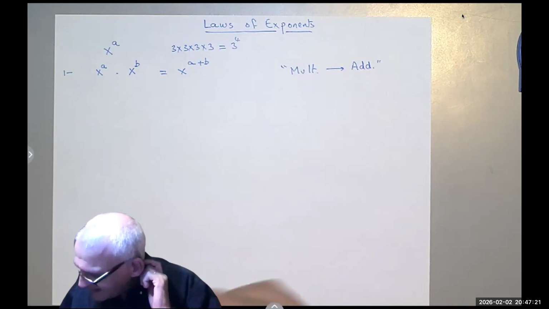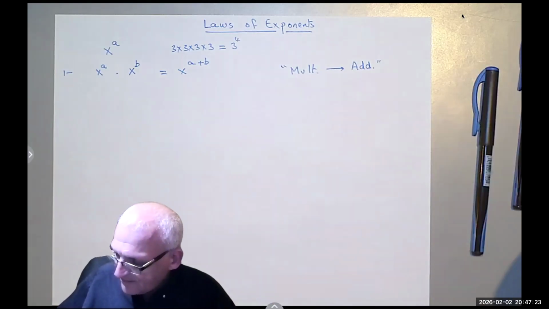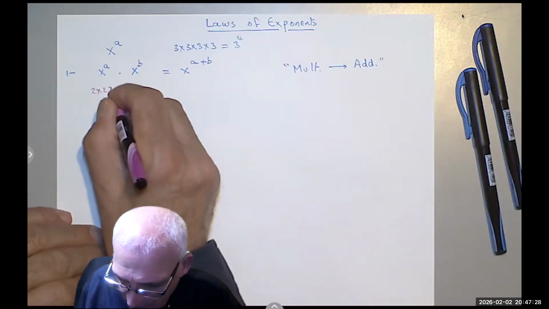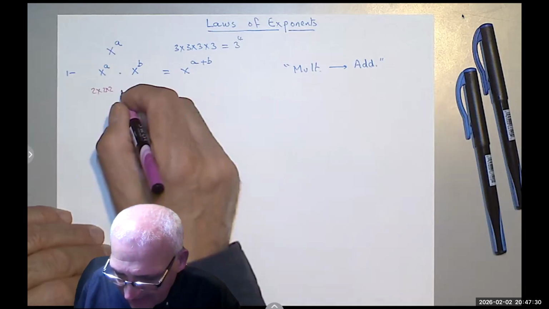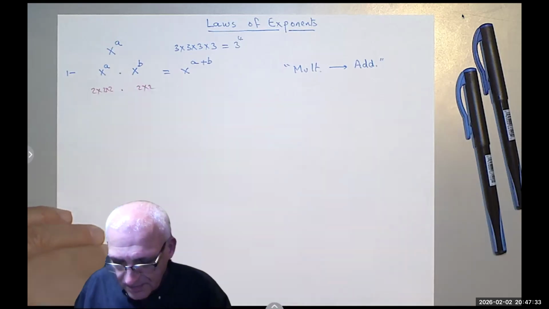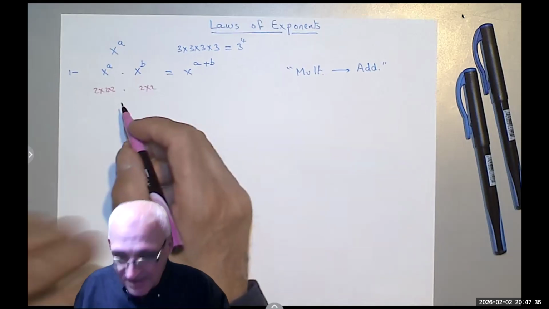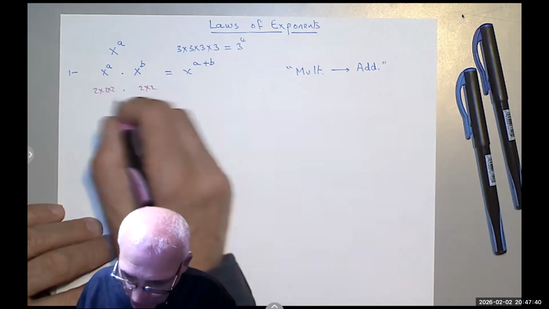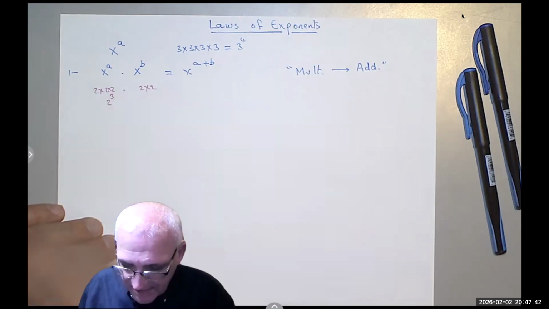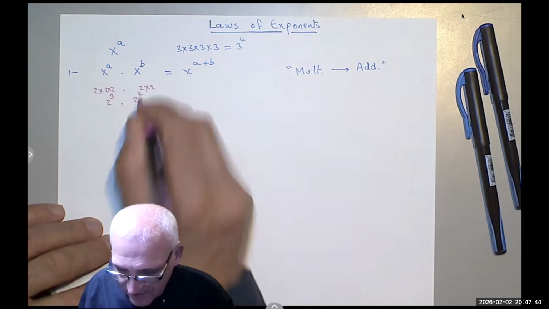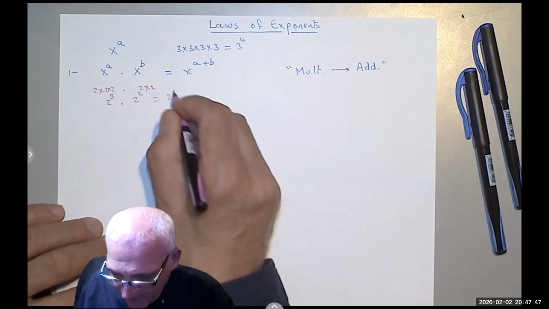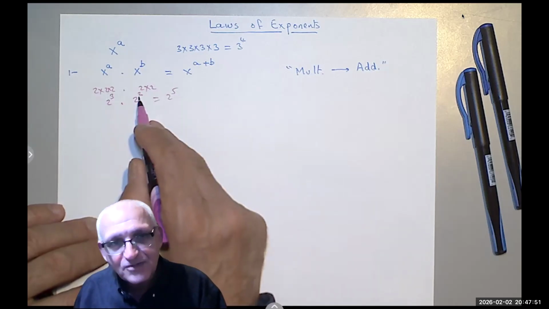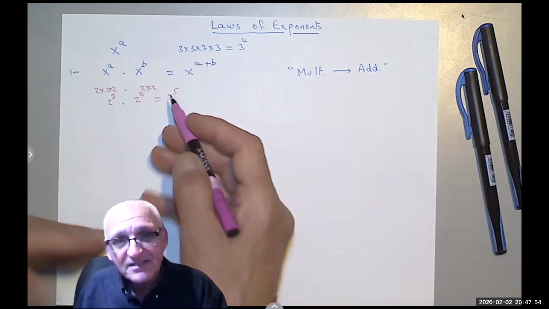That's easy. Nice. An example: I have 2 times 2 times 2, and I multiply that by 2 times 2. Of course, this is the same as saying I multiply 2 by itself 5 times. 2 to the third times 2 to the second is 2 to the fifth. I multiplied it 3 times, and then another 2 times, so altogether 5 times.